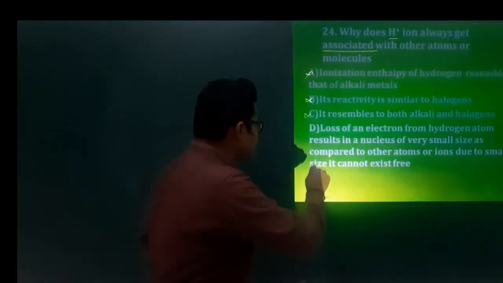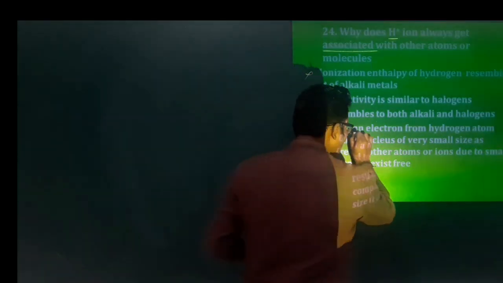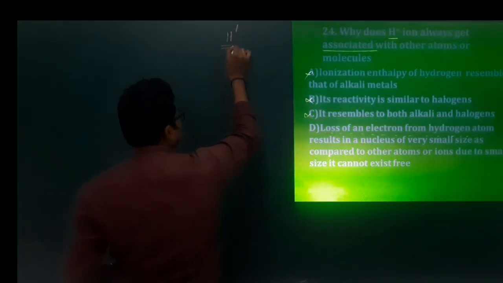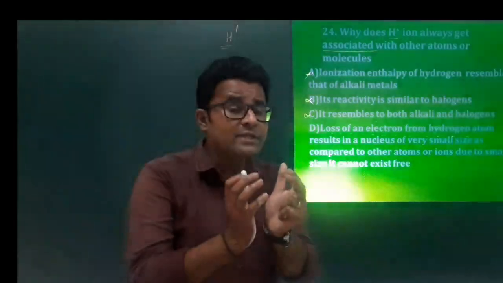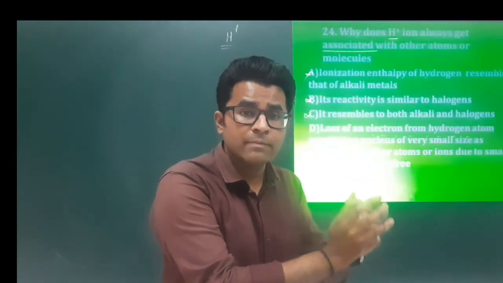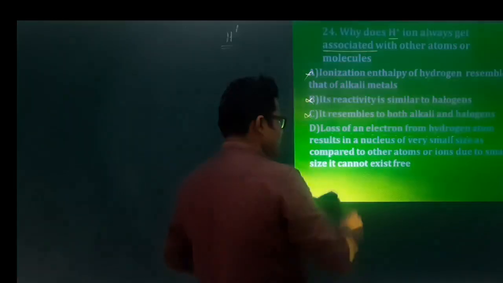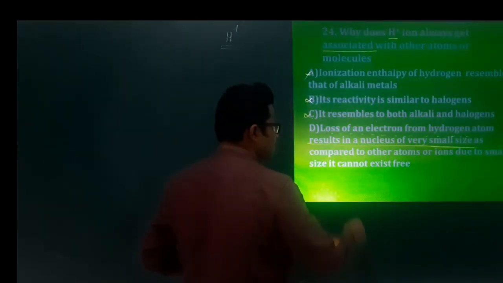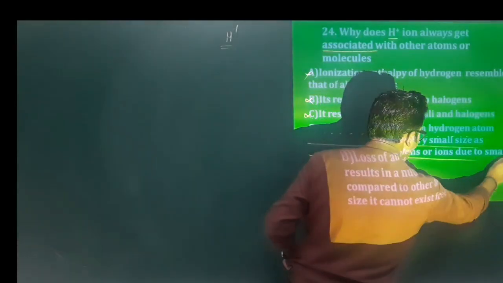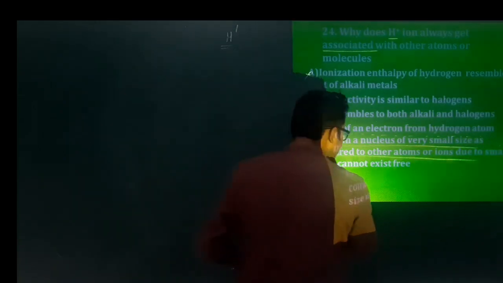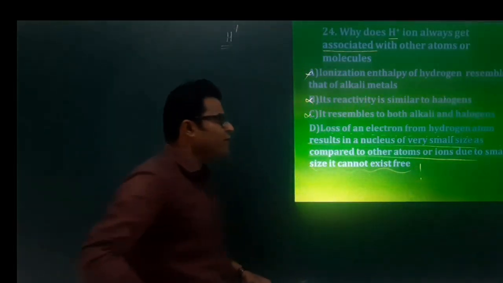But when we observe option 4, hydrogen loses an electron, which gives us a proton. This proton has a very small size compared to the actual hydrogen atom, due to which it becomes highly unstable and does not exist freely.